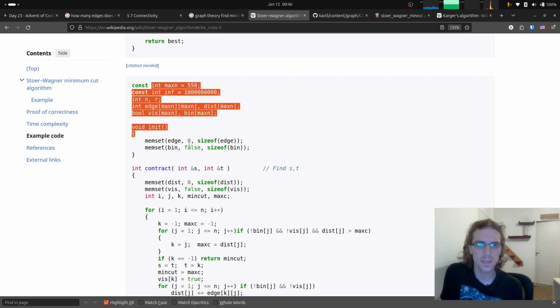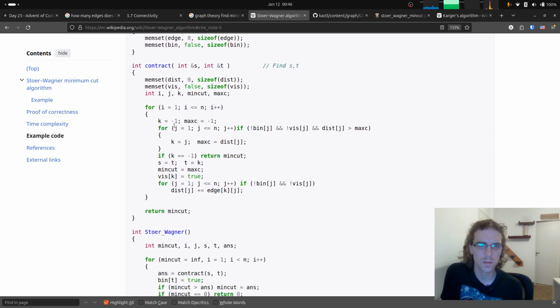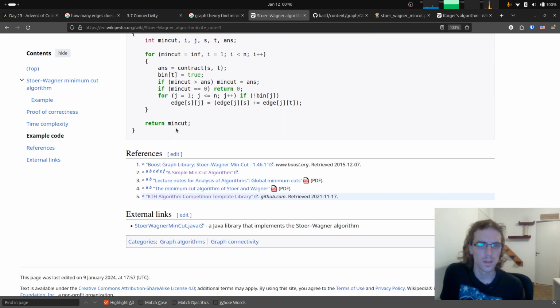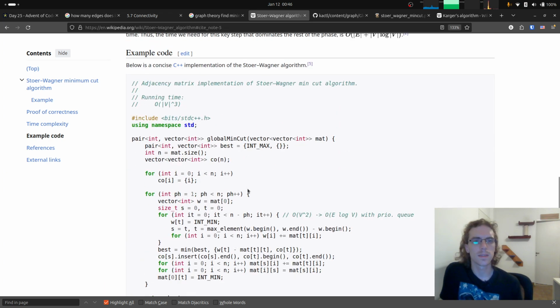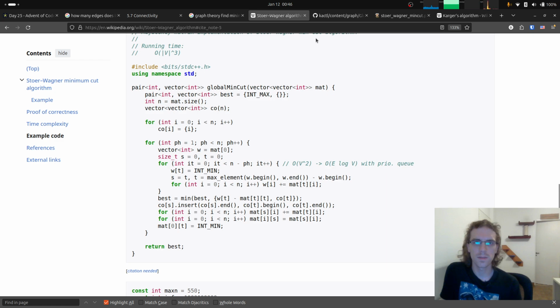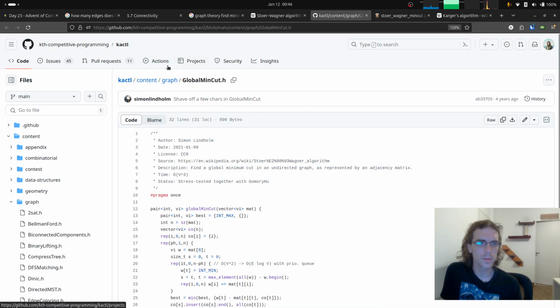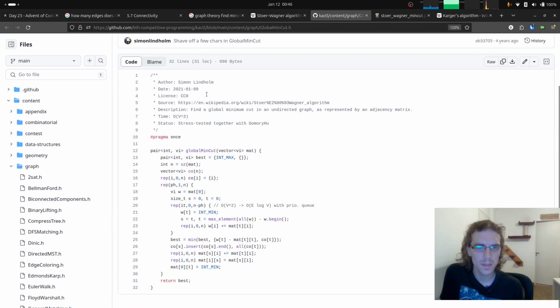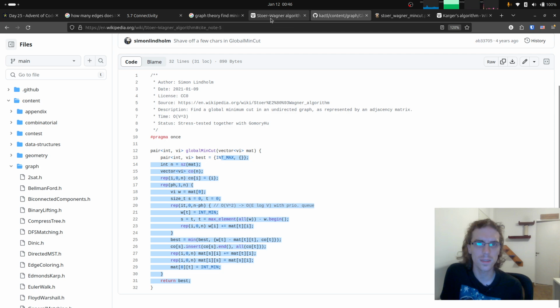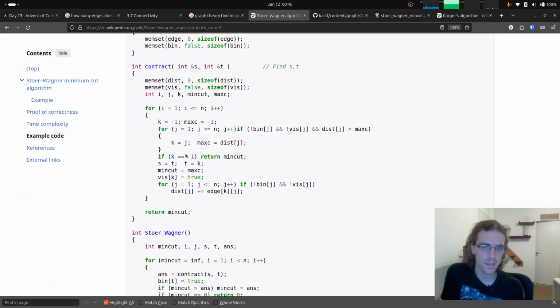But yeah, this is another code. Great. This is very readable code. And here's a GitHub global min cut, and yeah, it's exactly this thing. Stress tested together. That's great. Okay, I have more trust in this than this C code.